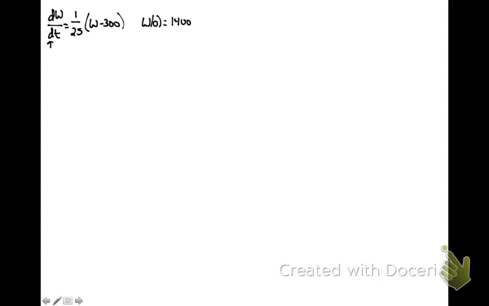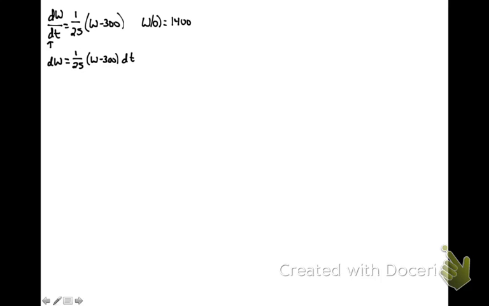I'm going to multiply both sides of this equation by dt, which means that dw equals 1/25 times (w minus 300) times dt. So I've begun to separate the variables, and the way this sets up is I'm going to want my things with w on the left and my things with t on the right.